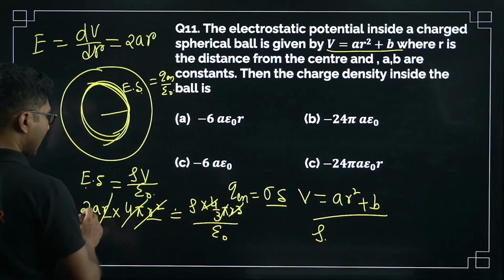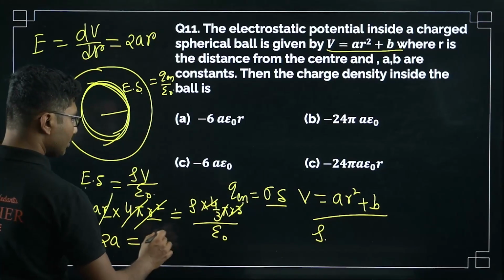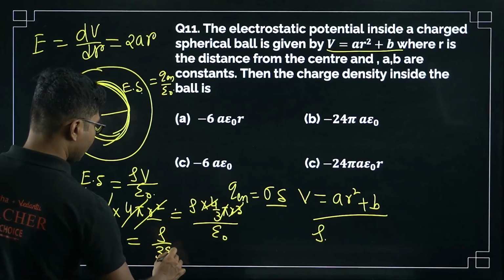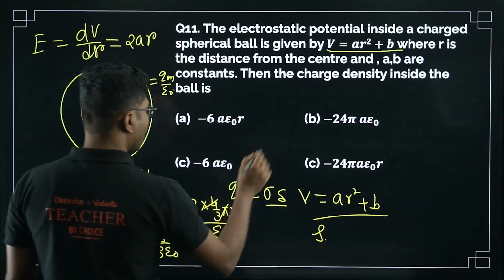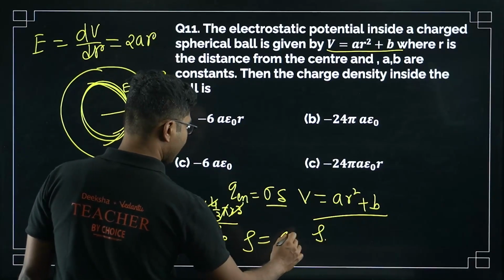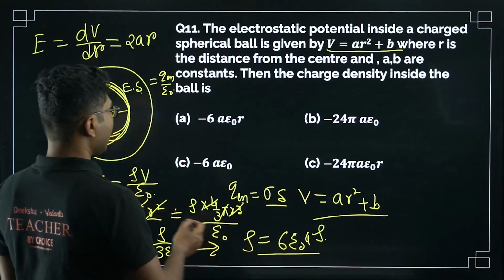So we have 2A equals rho by 3 epsilon naught, or rho equals 6 epsilon naught A.